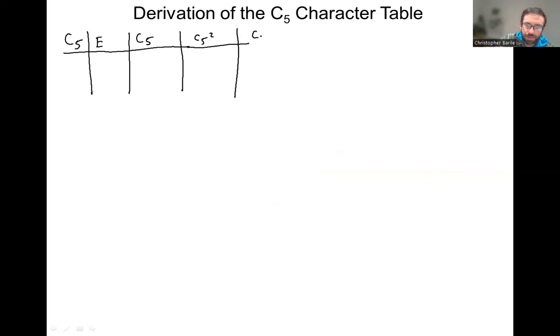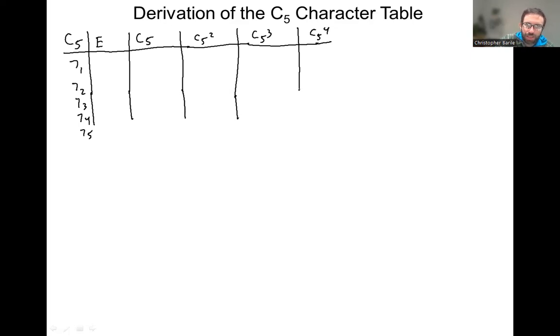So put the point group of the character table on the top left, and then we're going to have our 5 classes: E, C5, C5 squared, C5 cubed, and lastly C5 to the fourth. The first character table rule states that the number of columns is equal to the number of rows. So that means we're going to need 5 irreducible representations. I'll just put them as gamma 1, gamma 2, gamma 3, gamma 4, gamma 5.